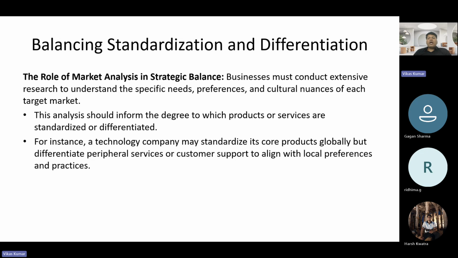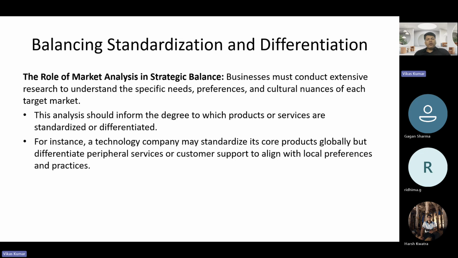Businesses must conduct extensive research to understand the specific needs, preferences, and cultural nuances of each target market. So companies should know where to focus more on standardization and where to focus on differentiation. Market analysis would be helpful in balancing standardization and differentiation.